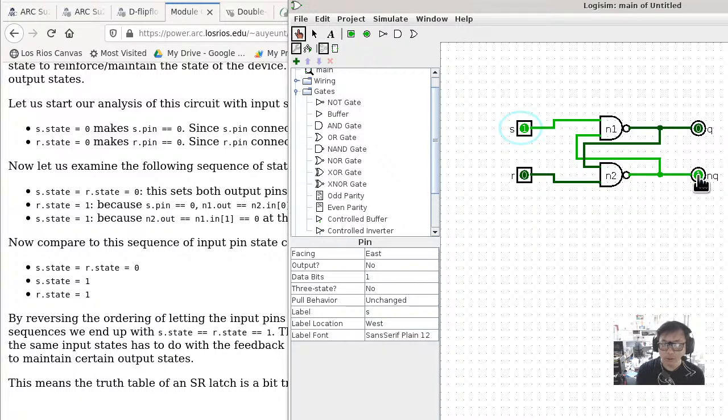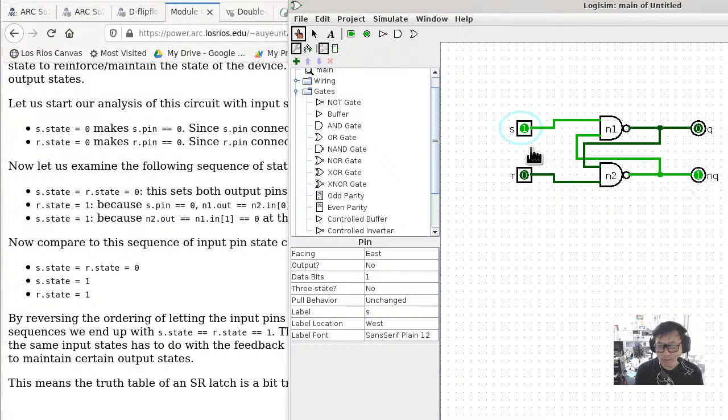So N2 will continue to output a 1 to NQ, whether I switch R to a 1 or not, because one of its inputs is already a 0. So R is kind of like, it doesn't matter at this point, because whether R is a 0 or 1, NQ will continue to be a 1.